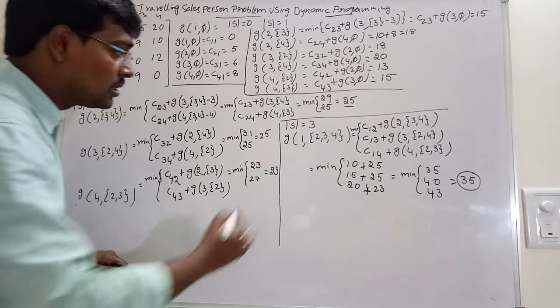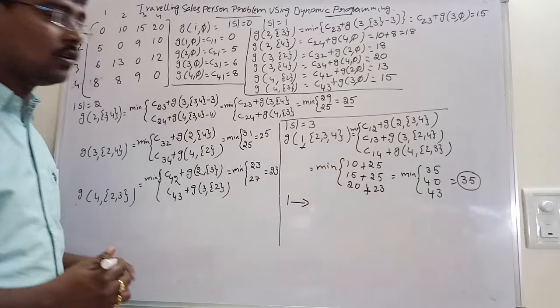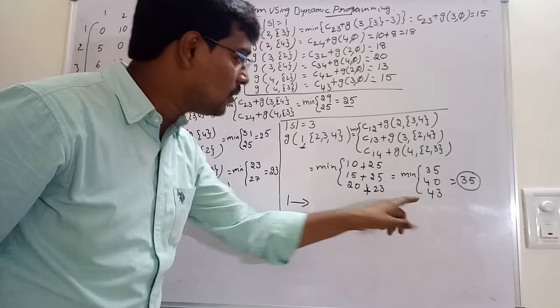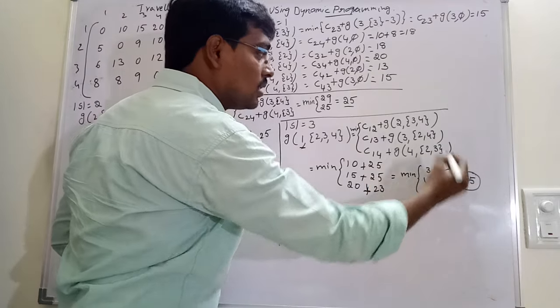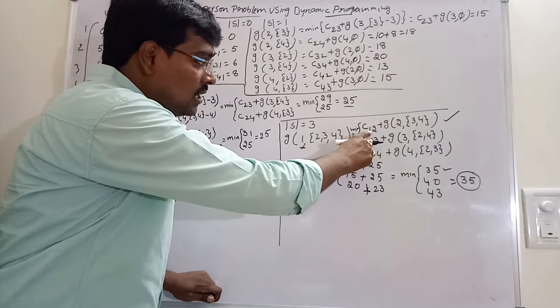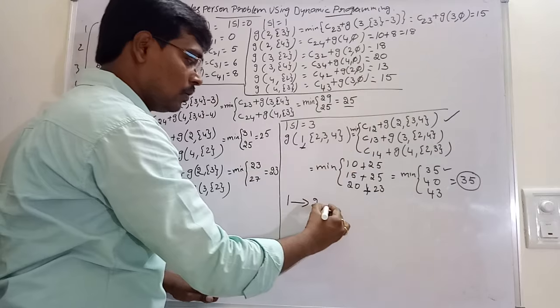And the path is we are starting at 1. From 1, which vertex is to be considered? Among these 3 we are selecting this one. This one means we are selecting this equation, that means C12. We are moving from 1 to 2.